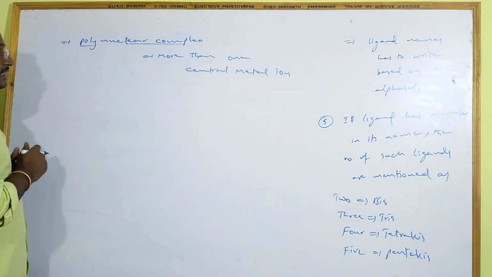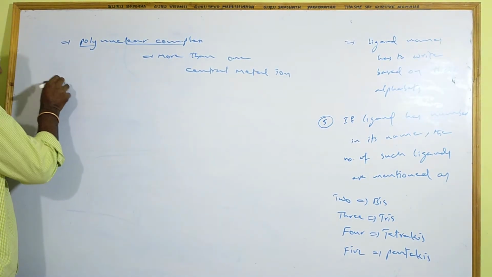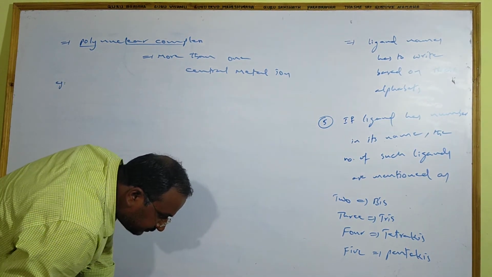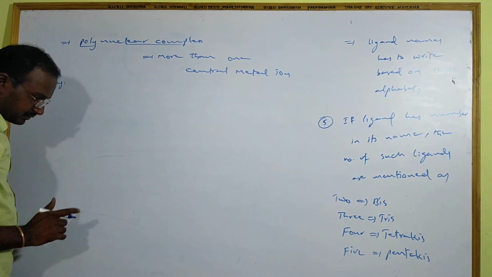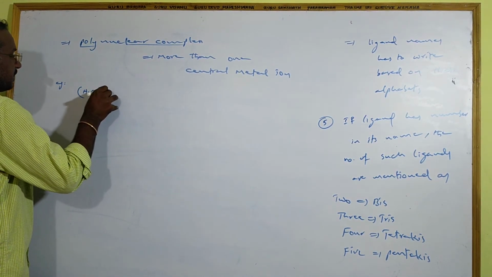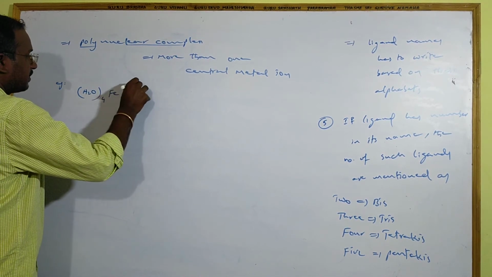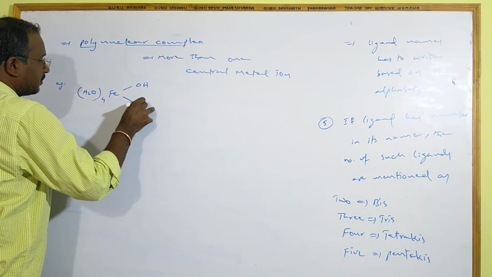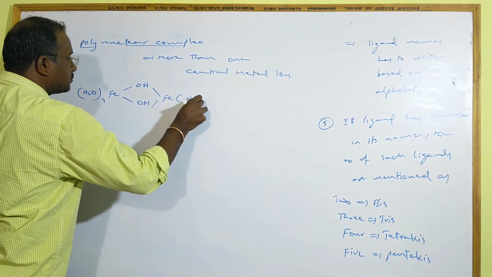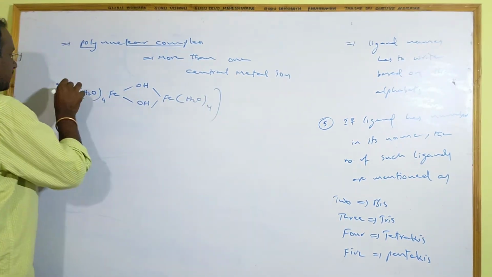However, I'll write an example. I'm directly taking an example. H2O taken 4 times, Fe, OH, OH, Fe, H2O taken 4 times, like this.